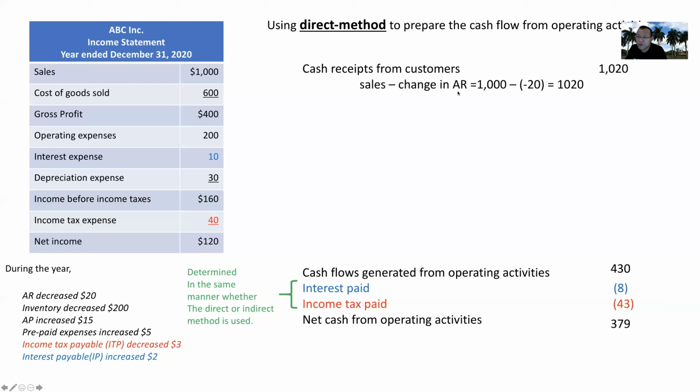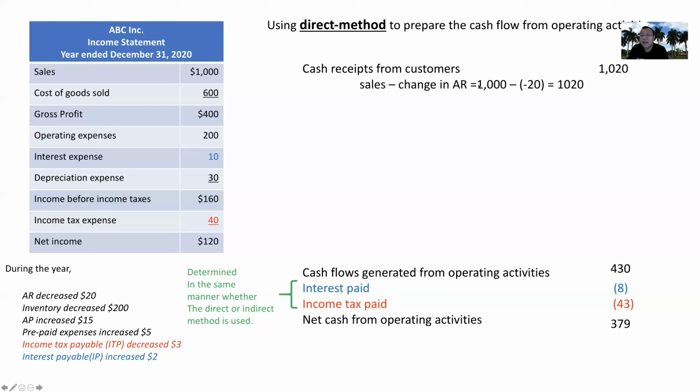When I refer to change, I mean the ending balance minus the opening balance. That's very important. So when I talk about change in accounts receivable, I mean the ending balance minus the opening balance.